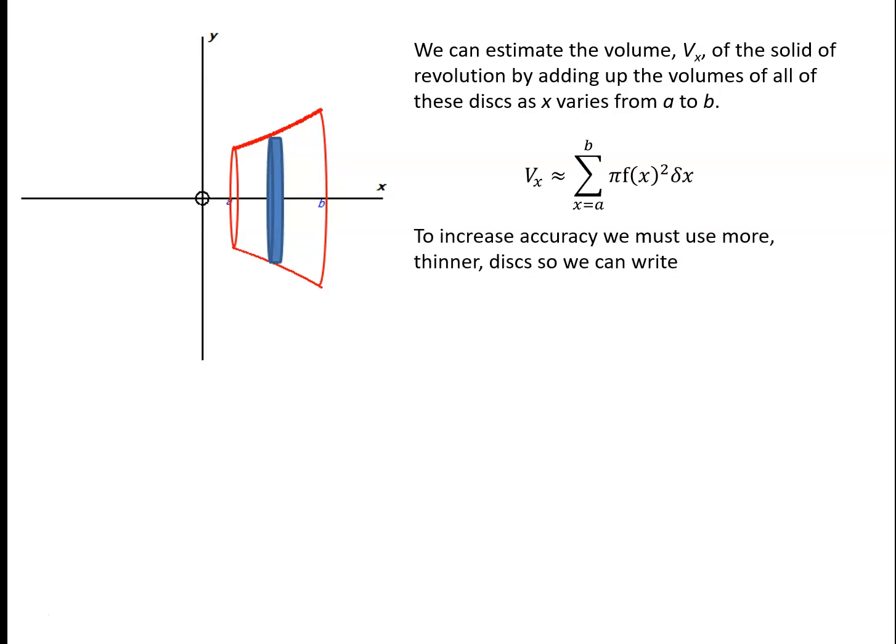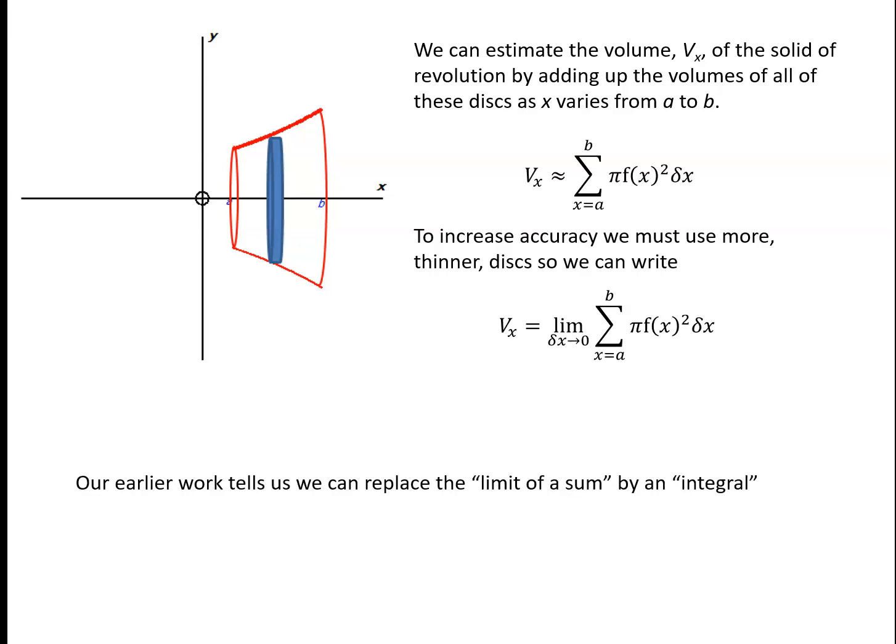In other words, we need to use many more thinner disks. And if we want to turn it into an equals sign, we're going to say that V is the limit as delta x tends to 0 of the sum between x equals a and b of pi times f of x squared times delta x.